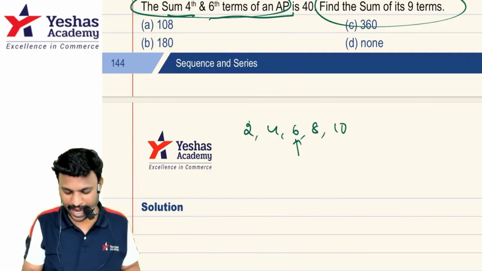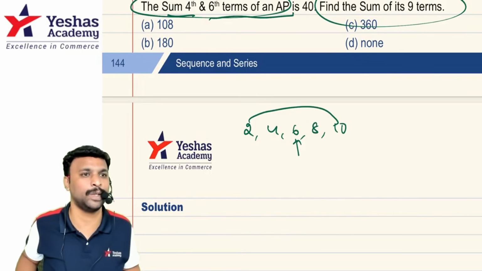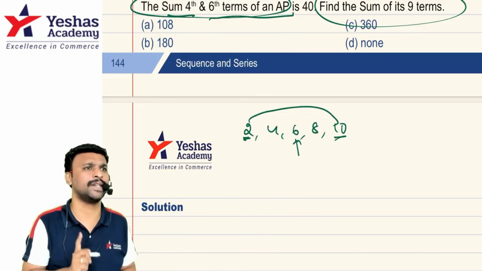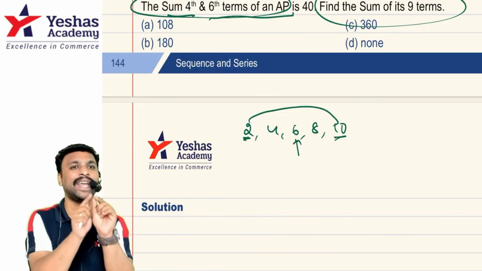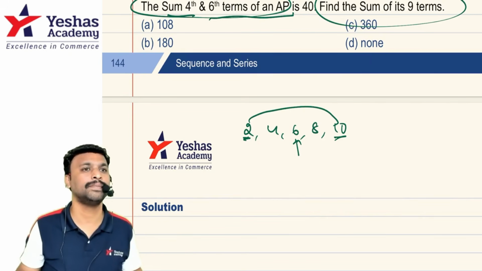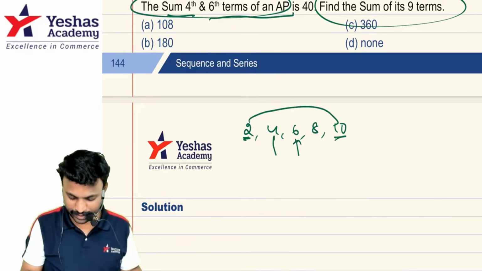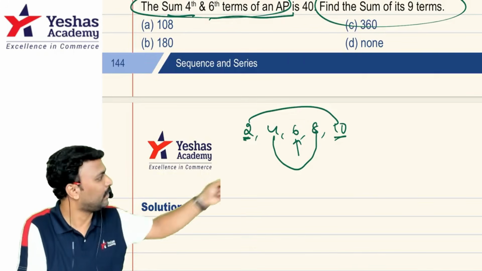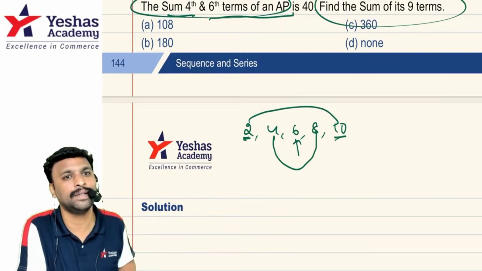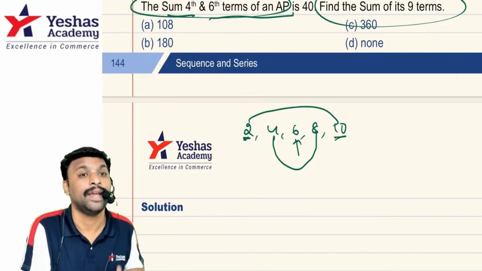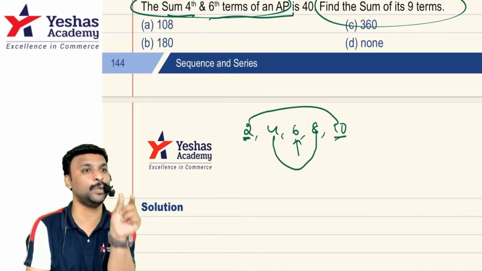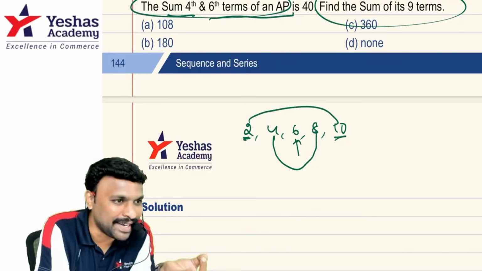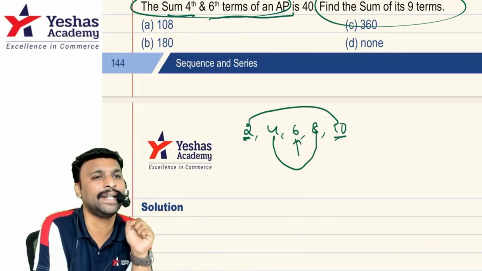How do I get the middle term? By adding the extreme terms divided by 2. Don't you think these extreme terms, everybody concentrate, are equidistant from the middle term? Even if I take these two terms' average, even those two are equidistant from the middle term. If I take the average of 4 and 8, what do I get? Middle term only. If I take the average of the two terms which are equidistant from the middle term, I get the middle term only. How do I take the average?